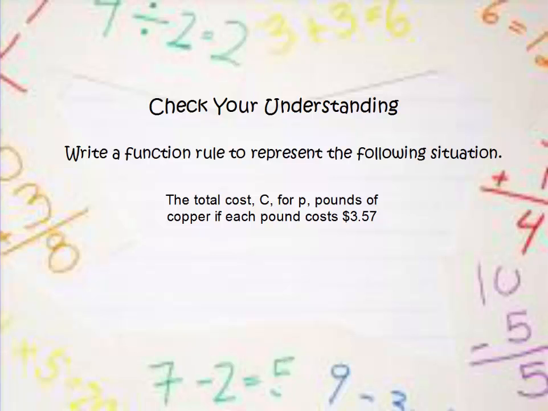Just to make sure you are on the right track here, the total cost, C, is defining your variable for you. This is going to be your output. For P pounds of copper, this P is going to be your input. This is going to be like your x value, and this is going to be like your y value.